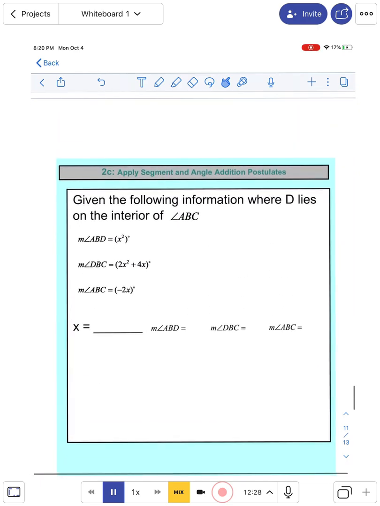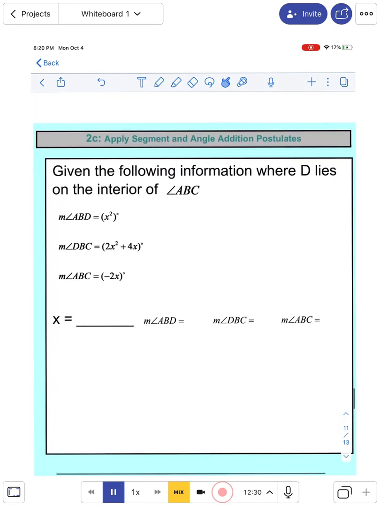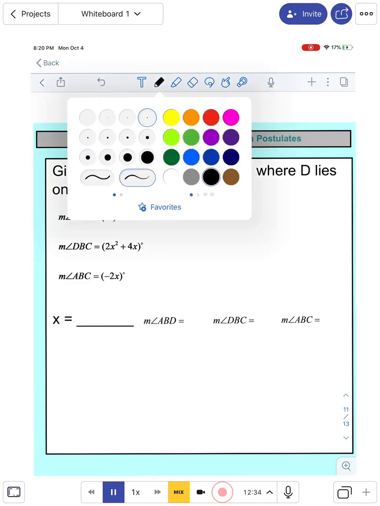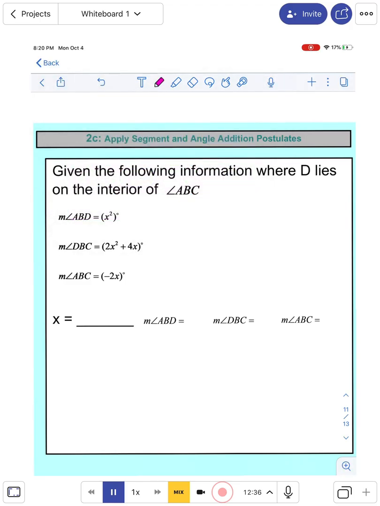Okay, last one. Given the following information, where D lies on the interior of angle ABC, find all of this stuff. So this is another kind of funky problem, but we're going to work it out. So here's my angle A, B, C, and D lies on the interior.